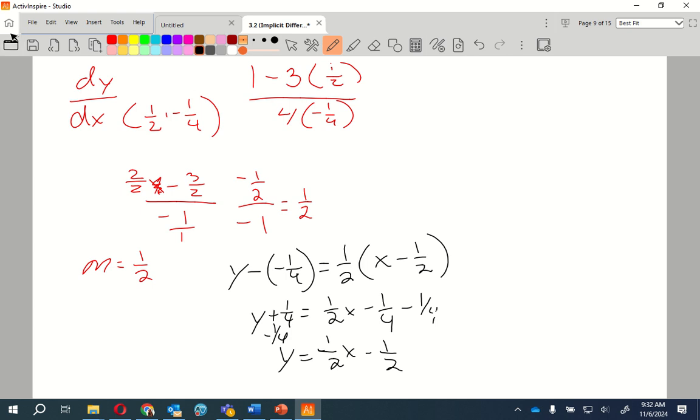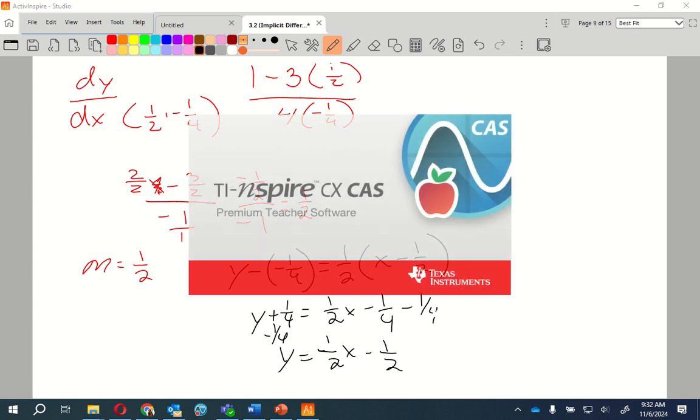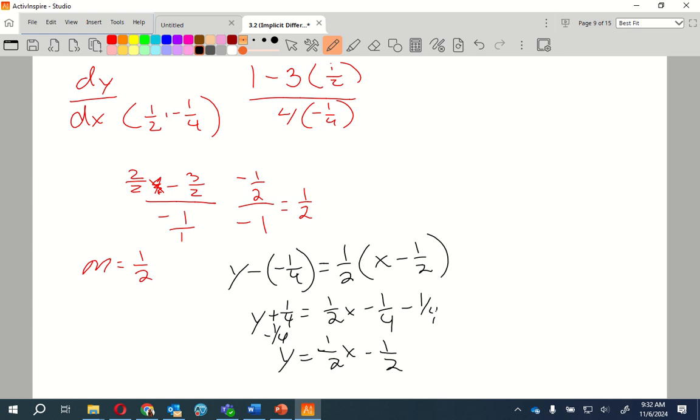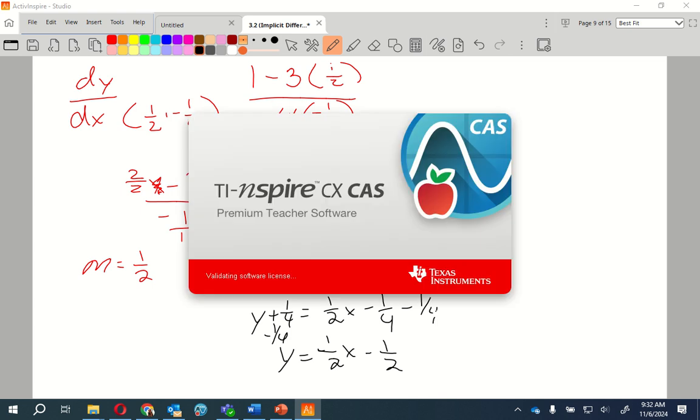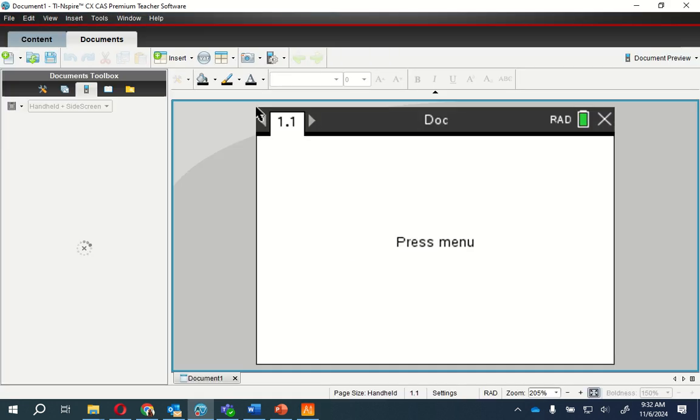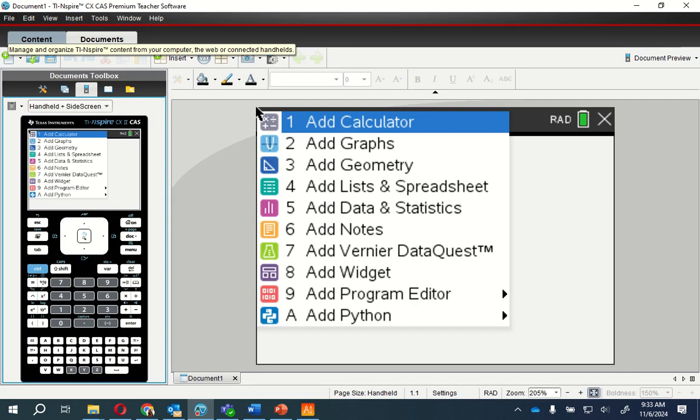Alright, I'm going to pull up my ready? Now, do you guys know how to plug in these equations without turning it into y equals?